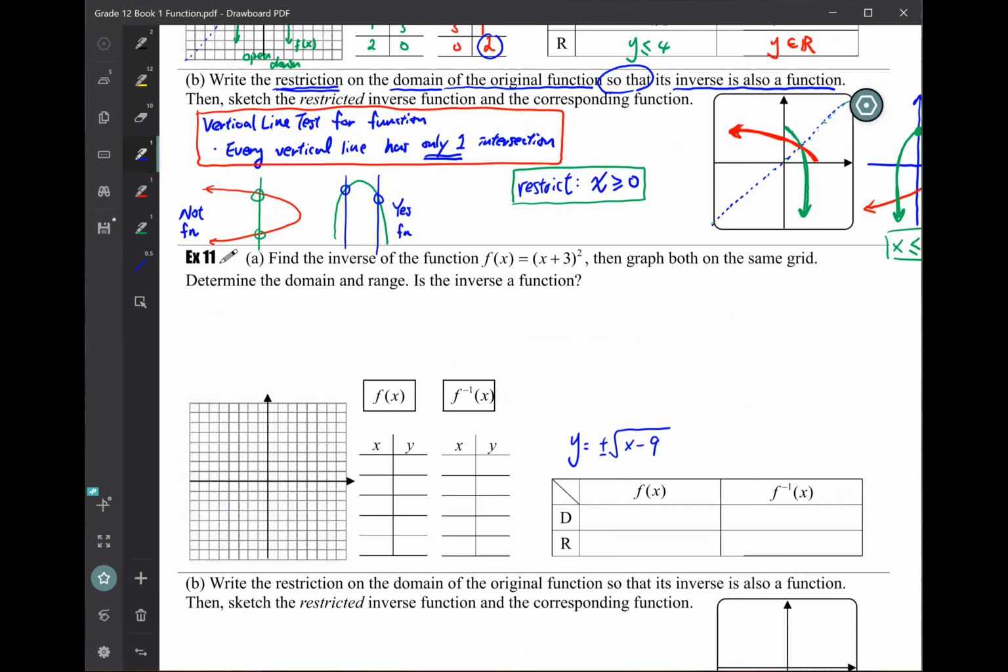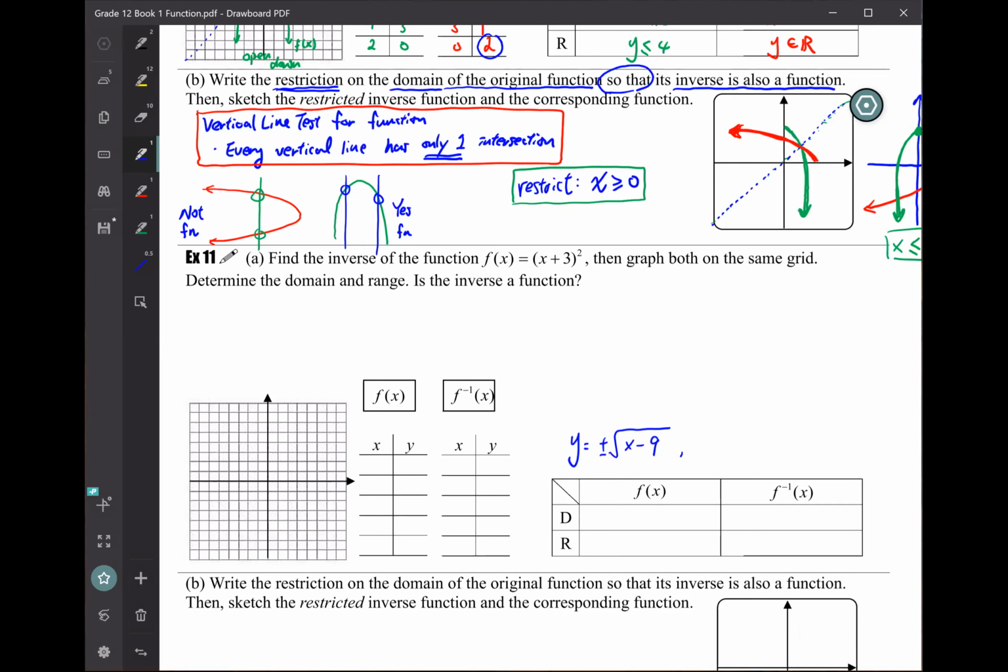Samantha, is it x minus 9? Yes. Okay. Anyone else got something different? Everyone's the same? Everyone got the same? No.